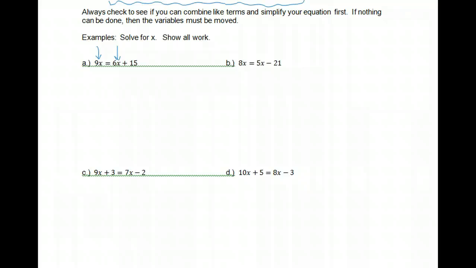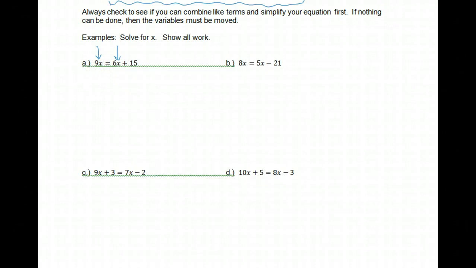So obviously the 9x is the more isolated of the terms. So it should make sense to us that we would want to move the 6x over to the left-hand side so that it is with the 9x, since that term is already more isolated.